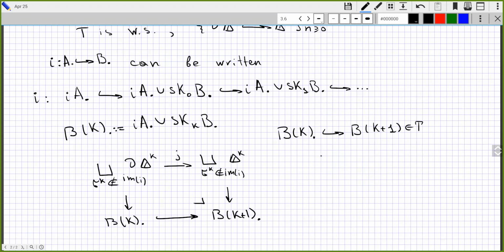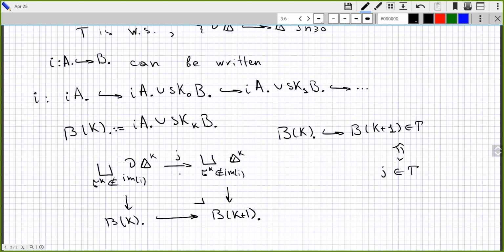Okay, and now it is all okay because every condition is satisfied, and because our collection is weakly saturated, then it is just the same as stating that this map is a monomorphism.